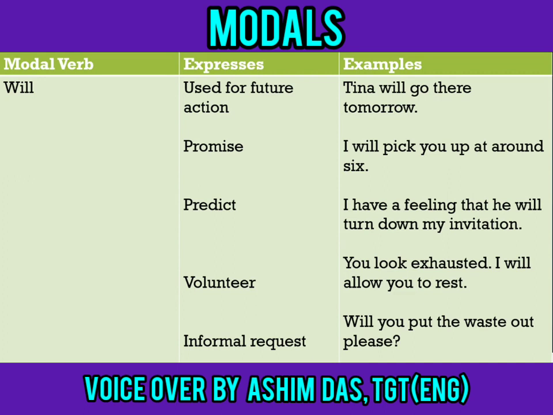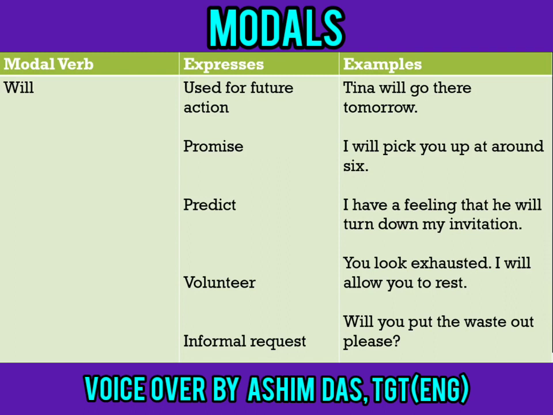The fourth usage is to volunteer. Example, you look exhausted. I will allow you to rest. The fifth usage is to make an informal request. Example, will you put the waste out please? So we can see how the modal verb will is used for different expressions.